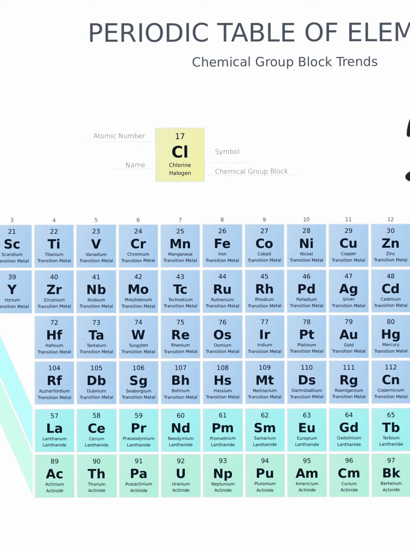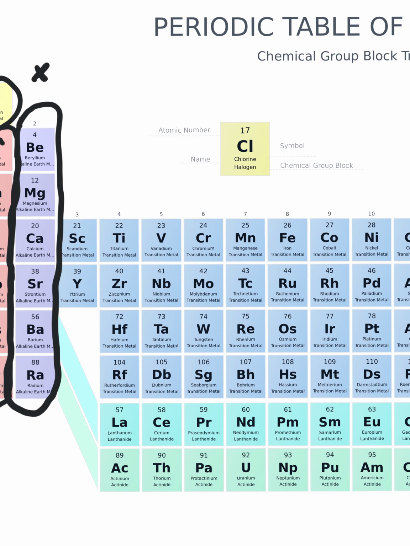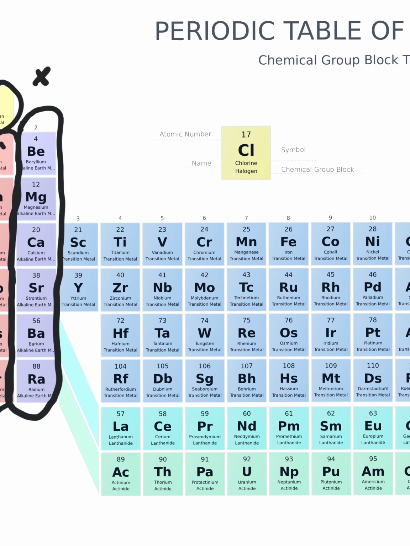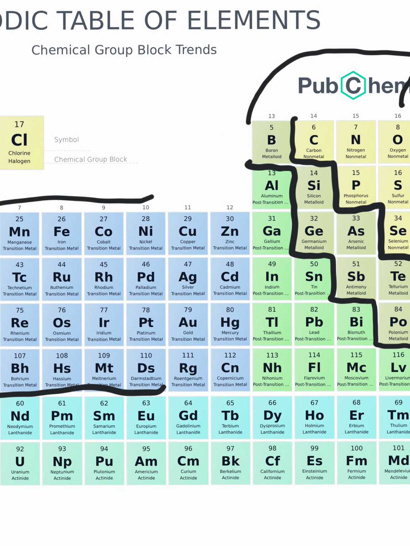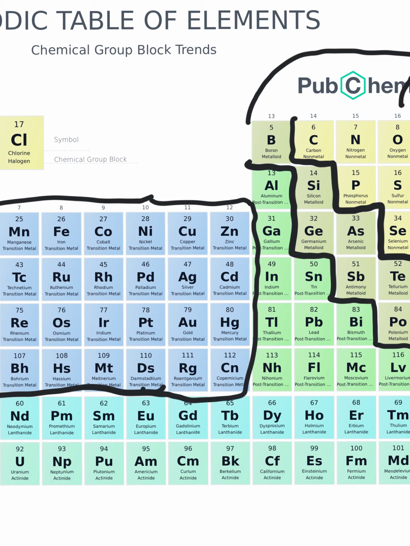Okay? And then let's look at the rest of the periodic table. You'll see a big group of elements that are right in the middle of the periodic table. These over here go all the way across. Groups 3 through 12. These are the transition metals. And they're over here because of the way the valence electrons are filled.